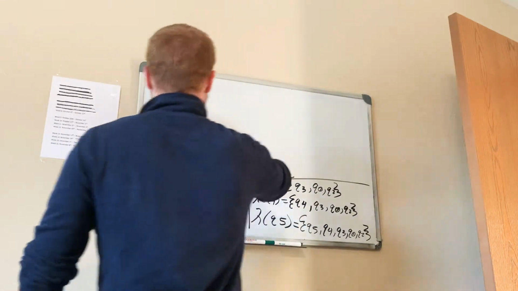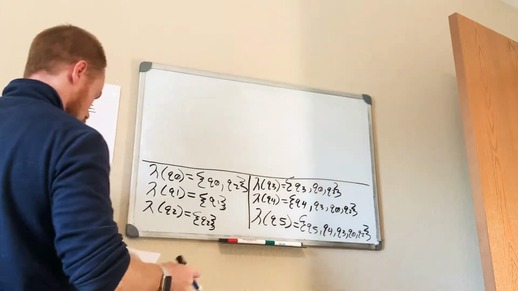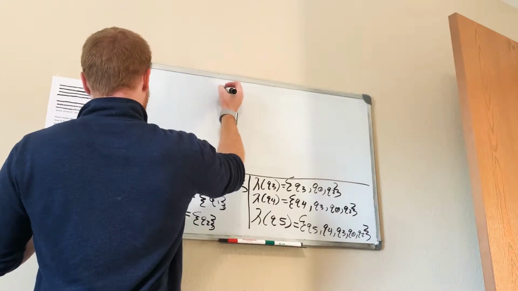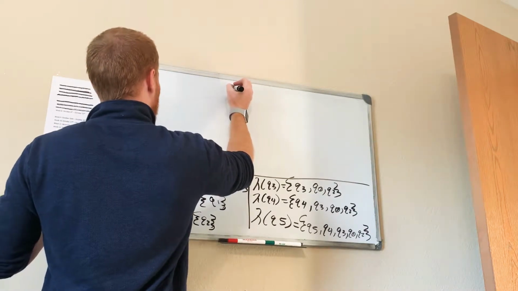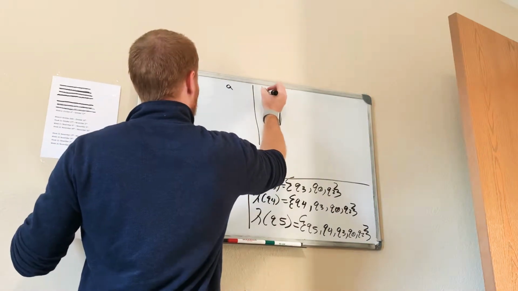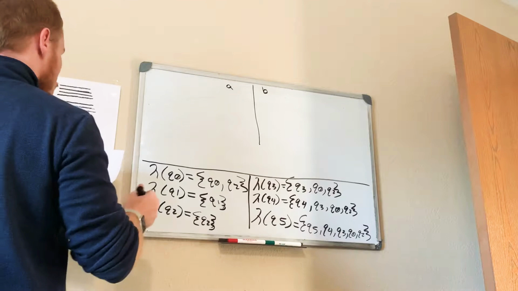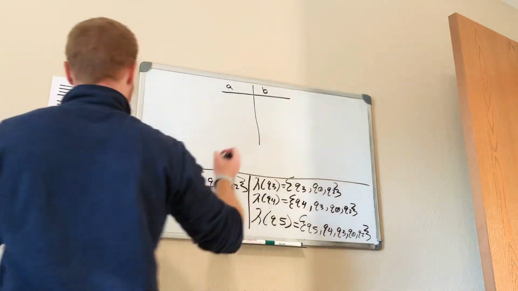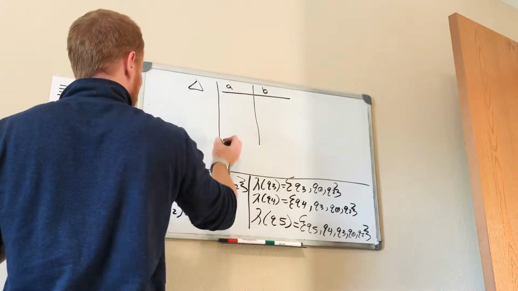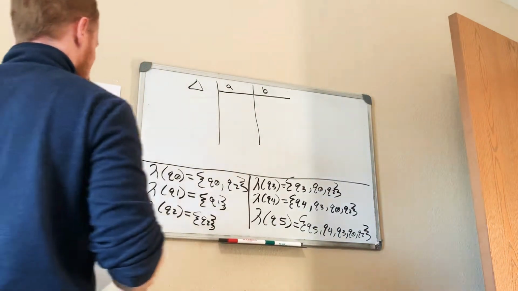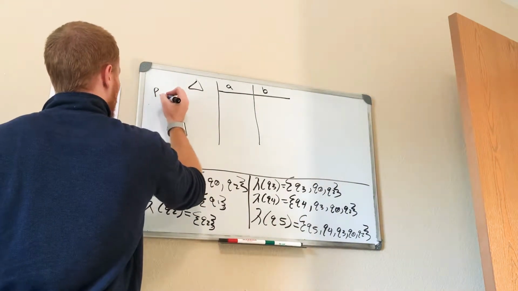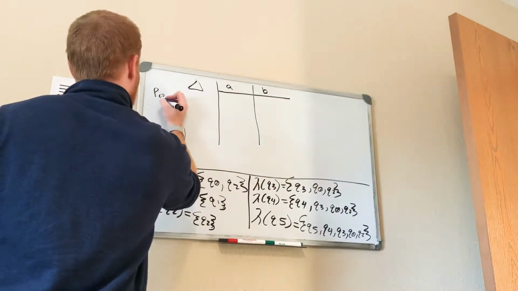Okay, so basically now I'm going to build a table, and this is going to help us convert to a DFA. So I'm going to have a column A and a column B, and these are basically my transitions here. We're going to start out with P0.